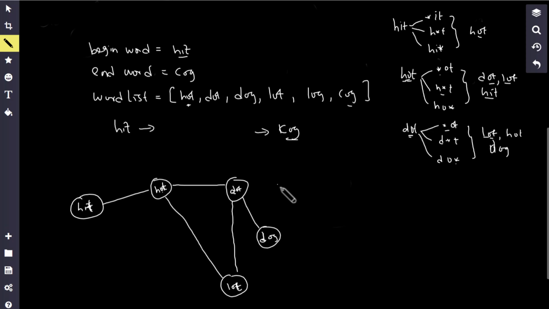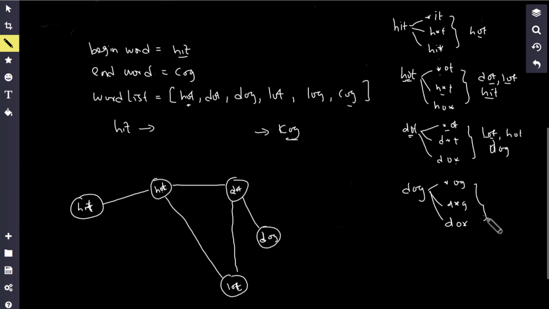Okay. Now let's try DOG, for example, changing just one character. Changing the first character gives *OG, changing the second character gives D*G, and changing the third character gives DO*.